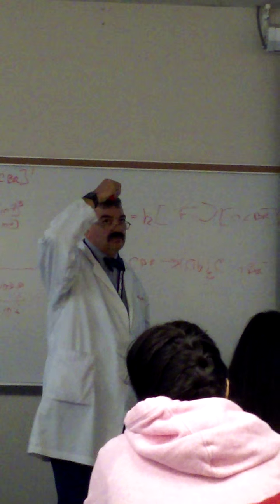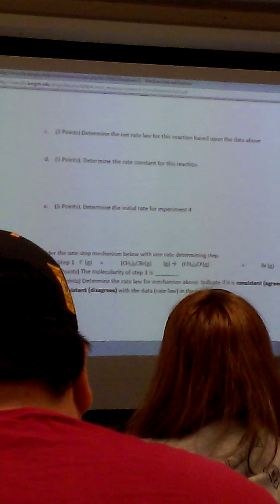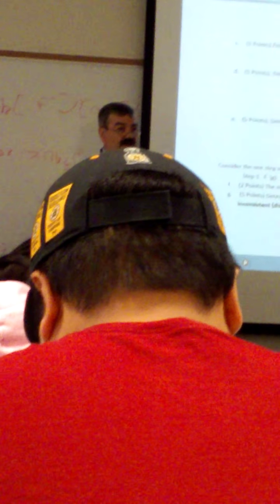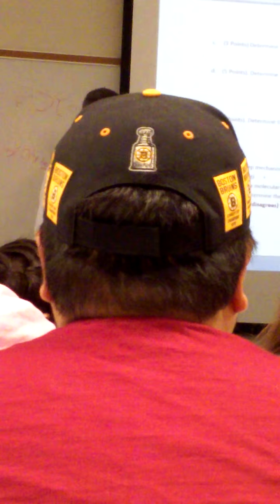Go to the back first. So for the rate law from the mechanism, is that where the exponents come from, the coefficients? The exponents come from the number of times these appear in the rate determining step. Yes.